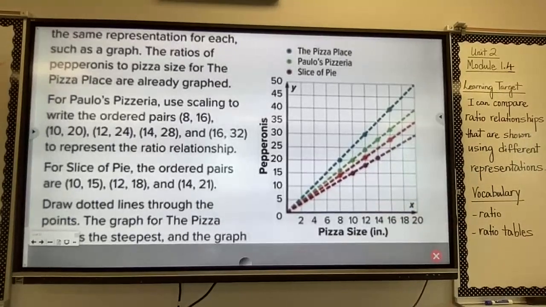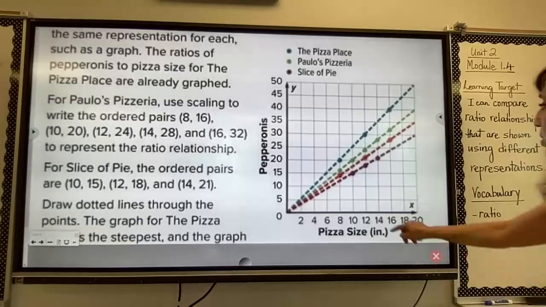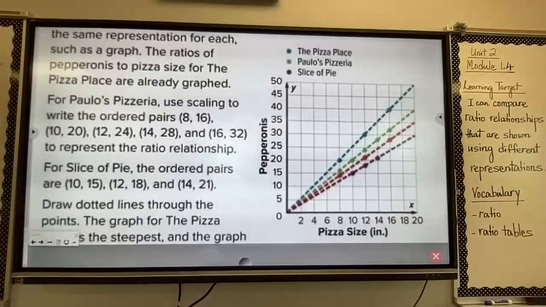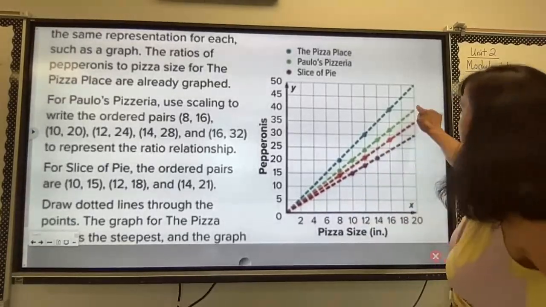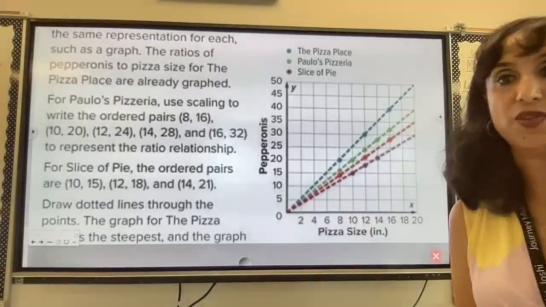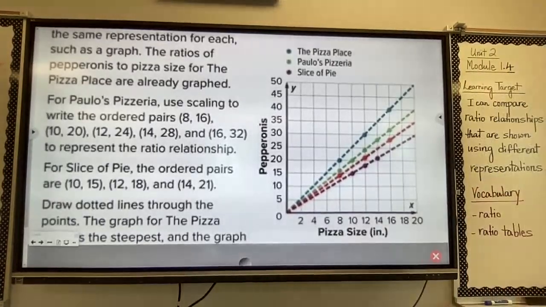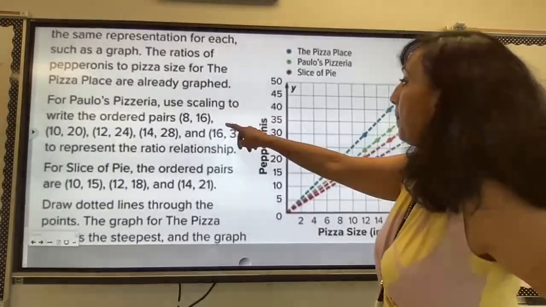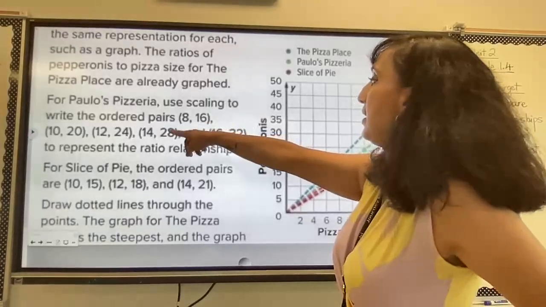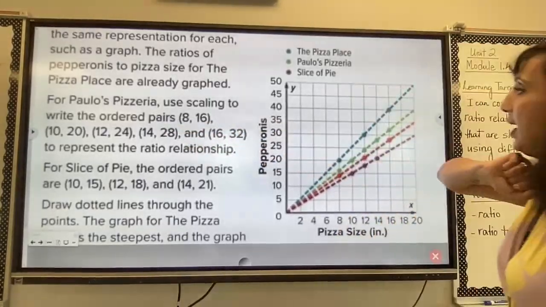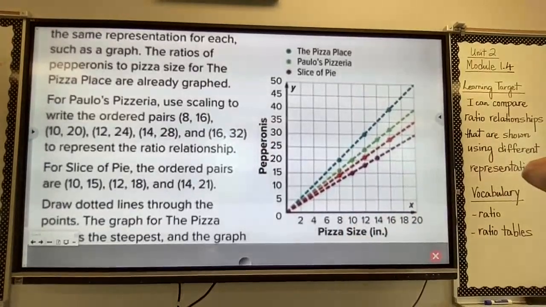And then of course we could have done the unit rate, or we could have gone down. So for 10 we have 20. All right, and that's how this line has been graphed, by looking at those ordered pairs. You can make a ratio table. And so here, that was the first one: 8, 16, 10, 20, 12, 24, 14, 28, 16, 32, etc.